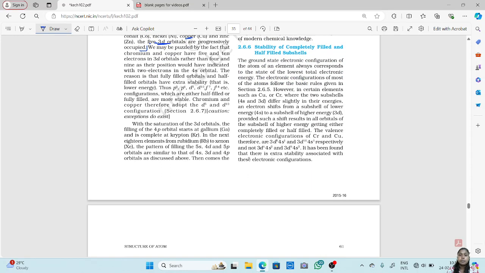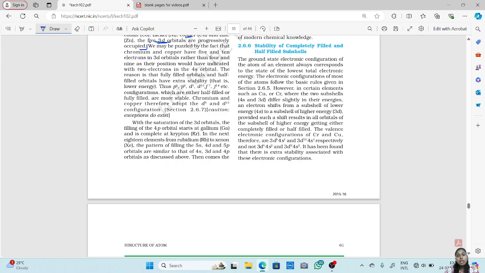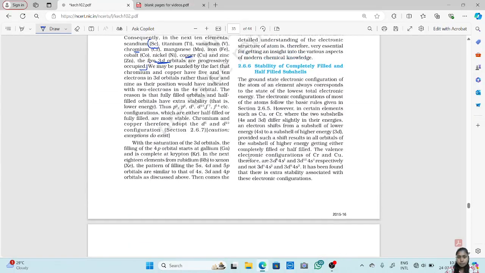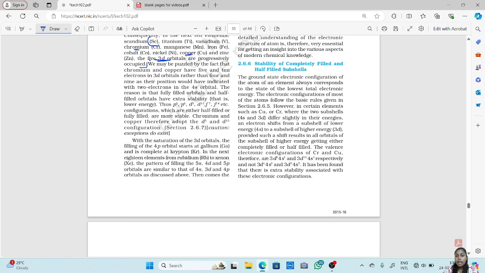Now, stability of completely filled and half-filled subshells. The ground state electronic configuration of the atom of an element always corresponds to the state of the lowest total electronic energy. The electronic configuration of most atoms follows the basic rules like the Aufbau principle, Pauli's exclusion principle, and Hund's rule.